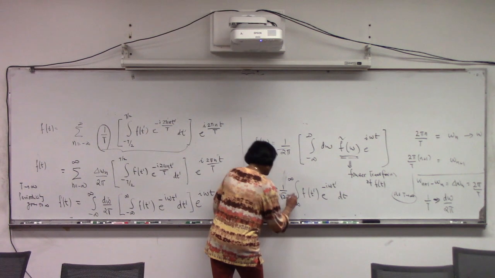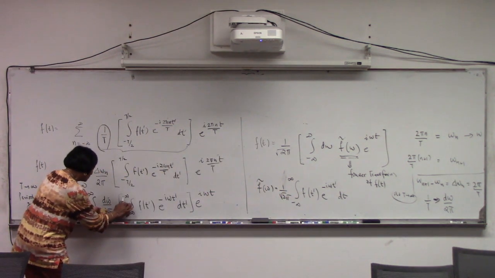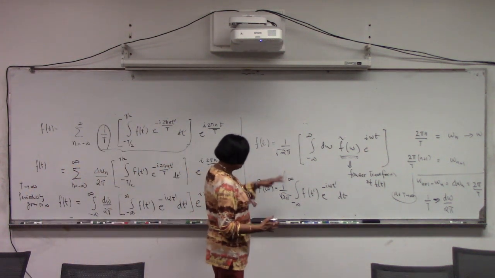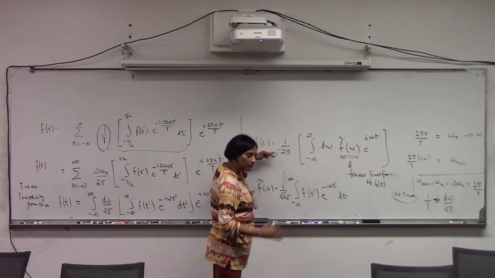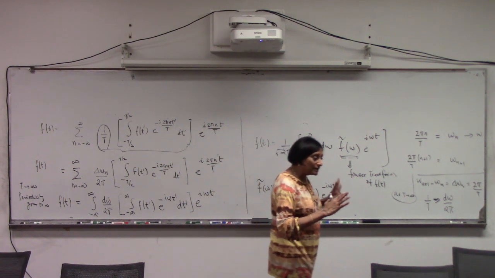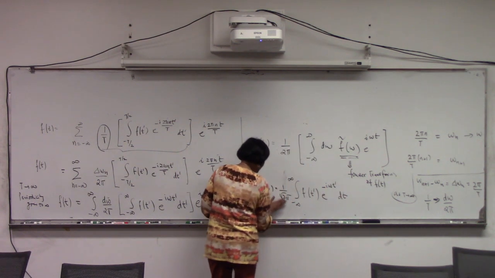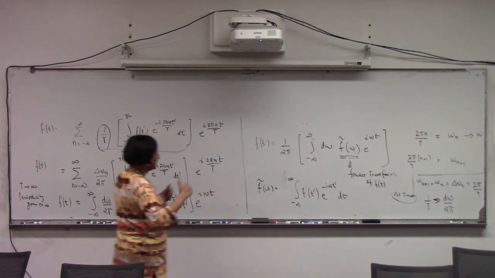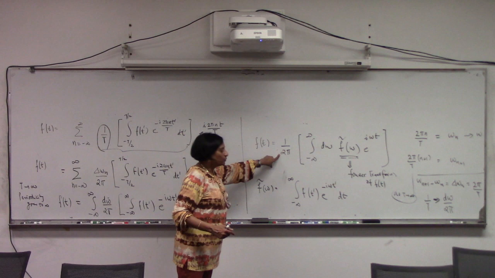There's nothing stopping you from putting a factor here and a factor there, so you have a very symmetric expression for the Fourier transform and its inverse. But for the moment I'm going to keep this, and I'll tell you why, for the definition of the Dirac delta function. In general, for any other function, you will distribute these factors equally.